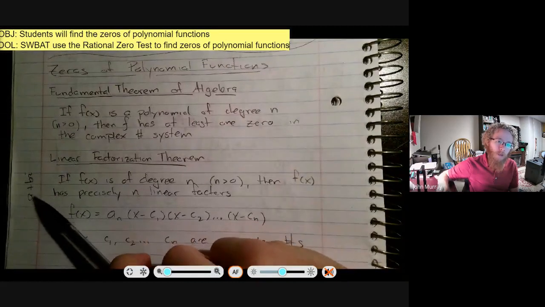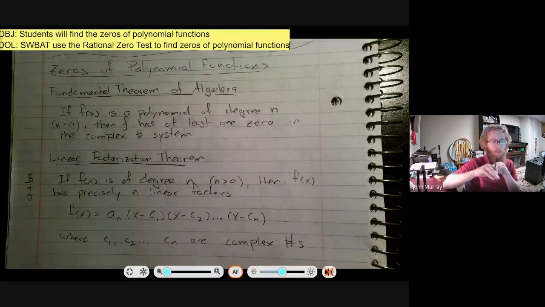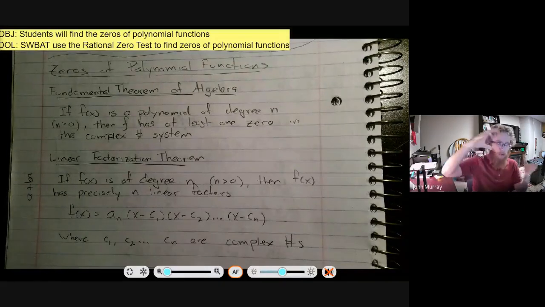If b is 0, it's still a complex number. It just doesn't have the imaginary part. So the real numbers are called a subset of the complex numbers. You have all your complex numbers, that's one big circle, and then the real numbers are inside of that.